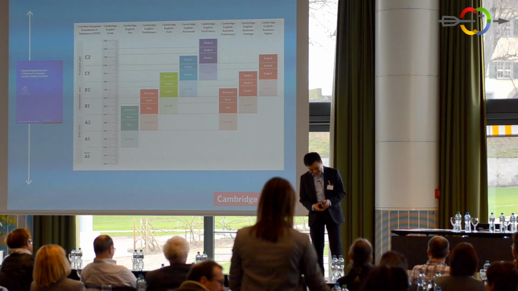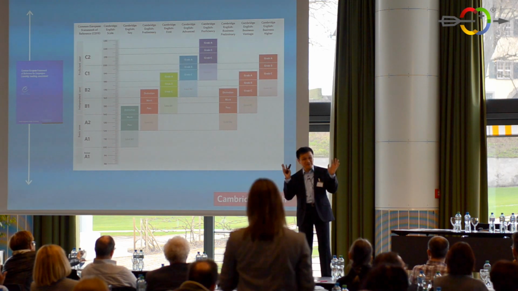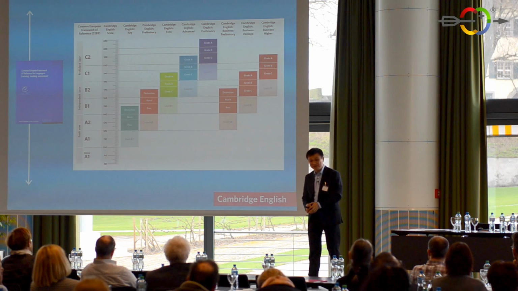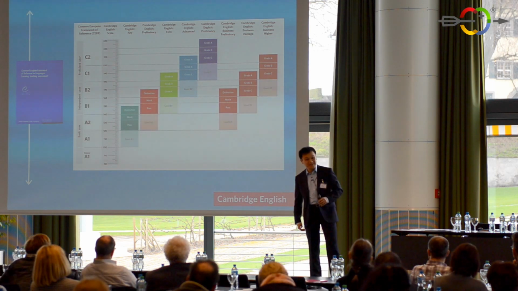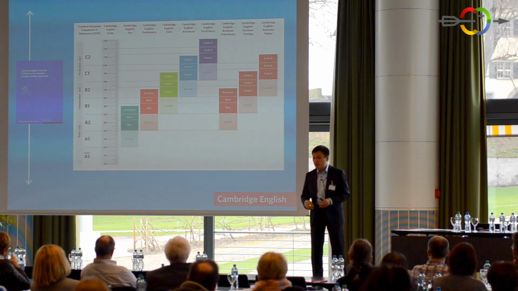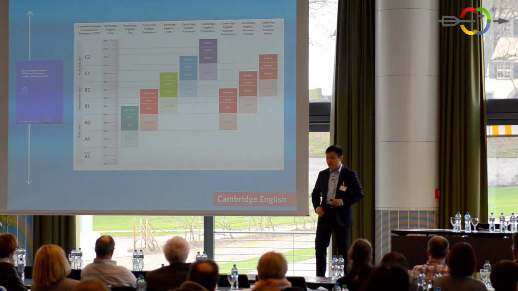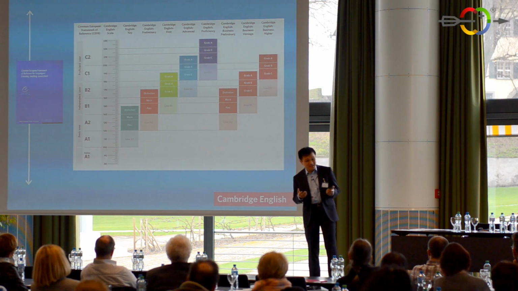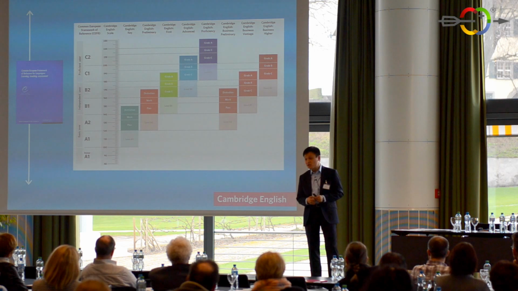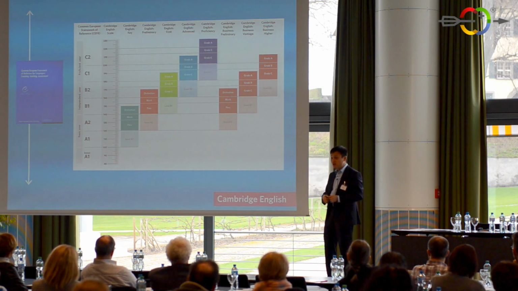In theory, if everyone in this room always taught every student they had from below A1 all the way to C2, you probably wouldn't need an exam board like Cambridge anywhere in the picture at all, because you know the students and can follow them up and know that they are moving up. But the reality is, for most of us, we get them at one particular point in their learning journey, and someone else has to get them at the next point.